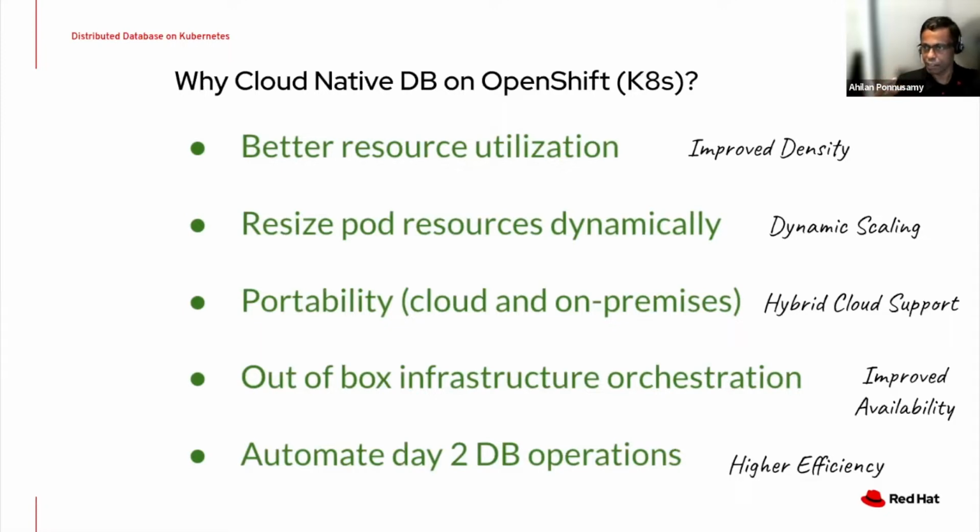And it provides hybrid cloud support, so it helps organizations to avoid vendor lock-in as well as provide a consistent data plane across their hybrid cloud ecosystem. And it improves availability because by nature, Kubernetes takes care of the workload management or the pod management. So by default, out of the box, the availability of the database is significantly improved. And also it is highly efficient by the data automation capabilities that it provides.